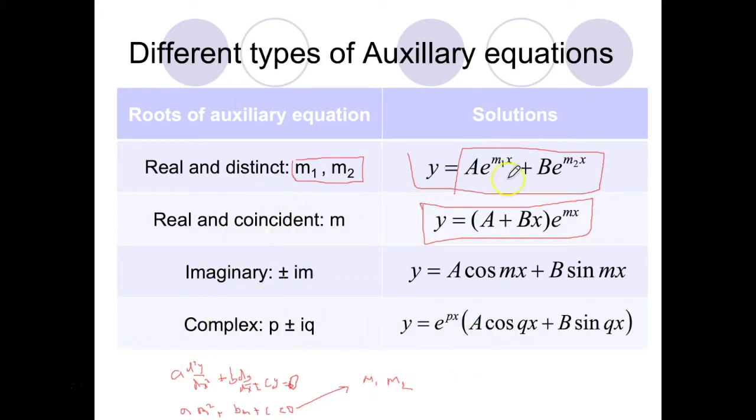And we saw that you could move from here to get the case in which the roots are imaginary. In other words, you just put the e raised to the power ix and then you add the two. You see that it will give you a cos mx plus b sin mx. And if they are complex with a real and imaginary part, then you have e raised to the power the real part times x, times a cos imaginary part x plus b sin imaginary part times x.